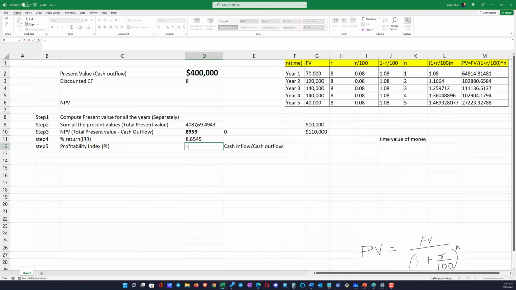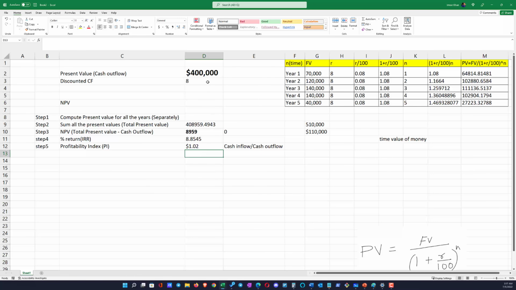Cash inflow is what? 408,000 divided by cash outflow 400. So your profitability index is 1.02. So for every dollar that you're investing, you're getting 1.02 back. That means you're getting a profit of 0.02 for every dollar.